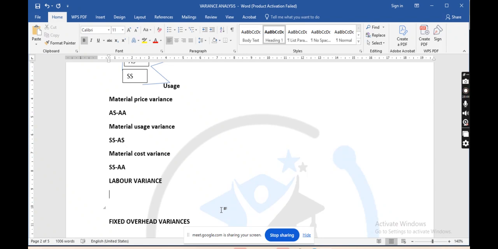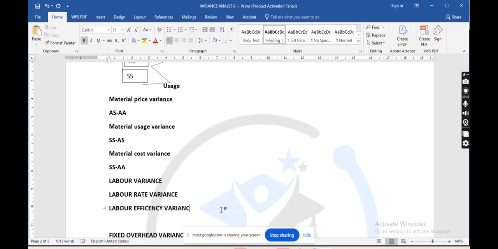So we can have the labor rate variance, then the labor efficiency variance. Then we have labor cost. The addition of rate and efficiency will give labor cost what?